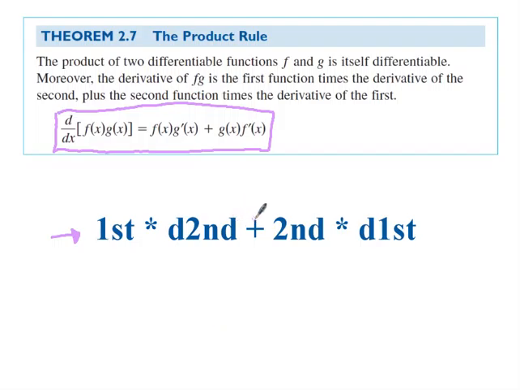Moreover, the derivative of f times g is the first function times the derivative of the second plus the second function times the derivative of the first. The formal way of writing that is what I have boxed. A little easier way is what I've written down here: first times derivative of your second plus second times derivative of your first. That's what the d means. D means derivative. So first d second plus second d first.